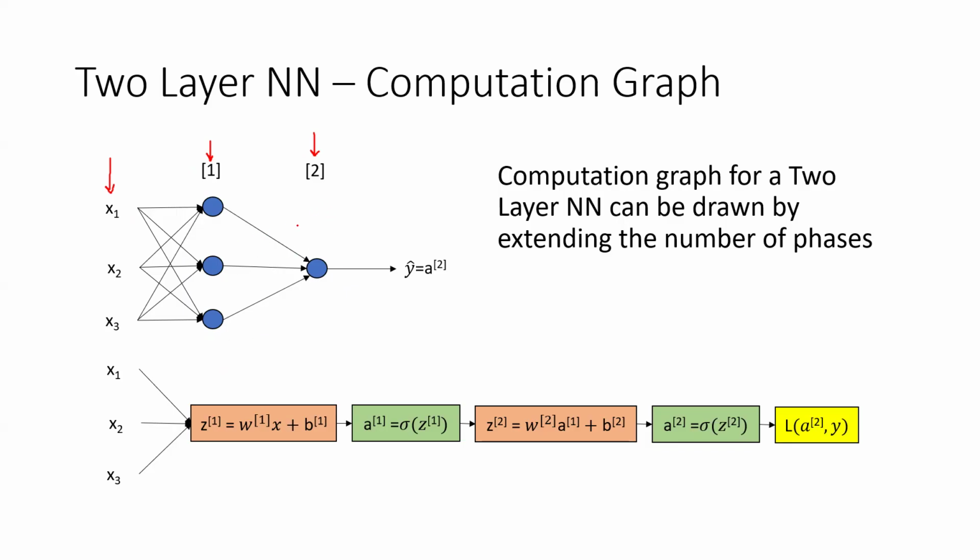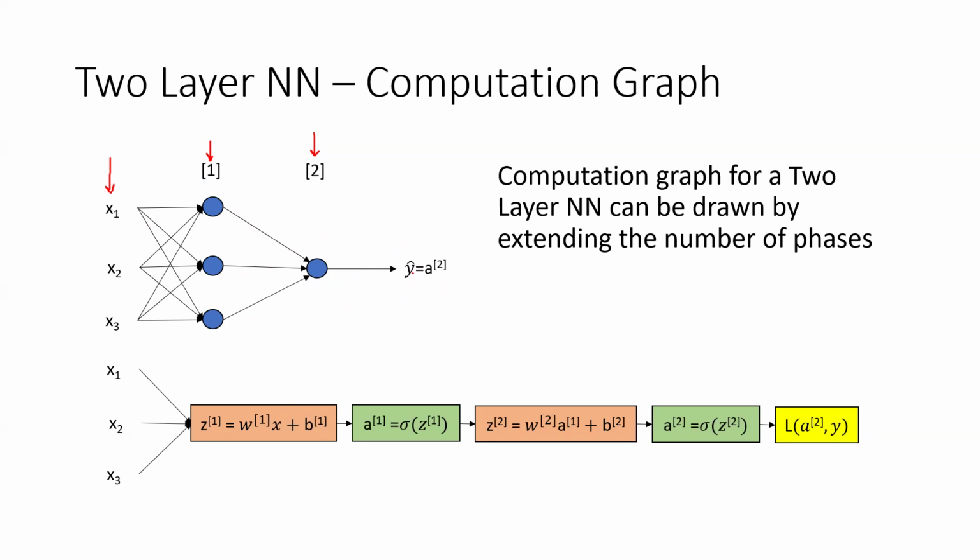And for the second layer also, all the outputs of the first layer are connected to the second layer. So the second layer is also a dense layer or fully connected layer. And the second layer's output is considered as the output of the whole neural network, which can be represented by A2, which is the y hat of the neural network.